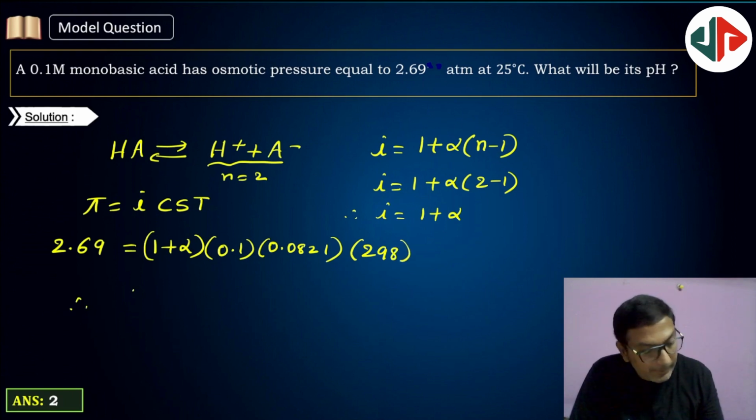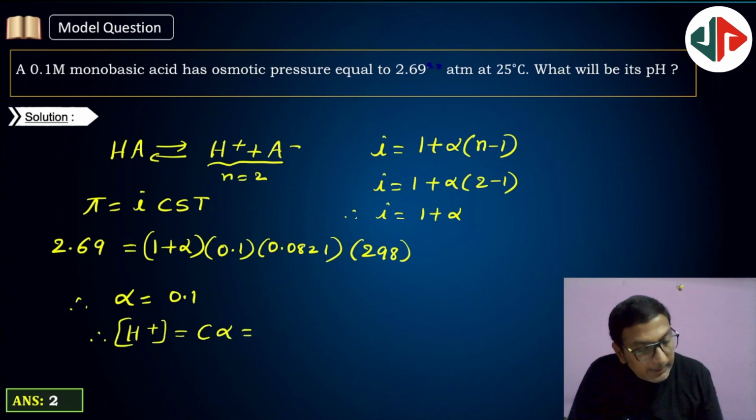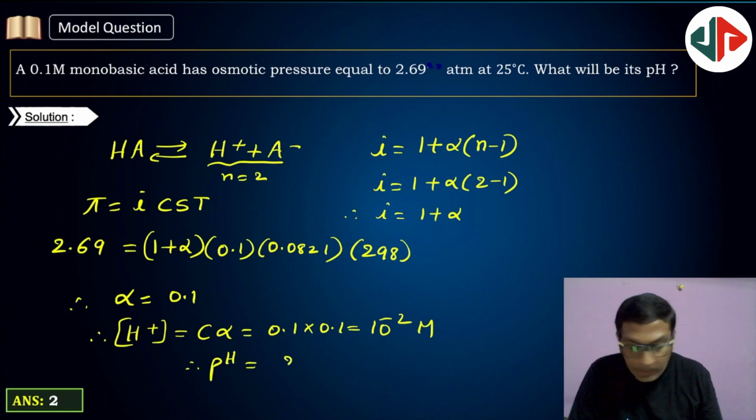From this alpha equal to 0.1. Therefore H plus equal to C alpha. C is the concentration 0.1 into 0.1, 10 power minus 2 molar. Therefore pH equal to 2. 2 is the answer.